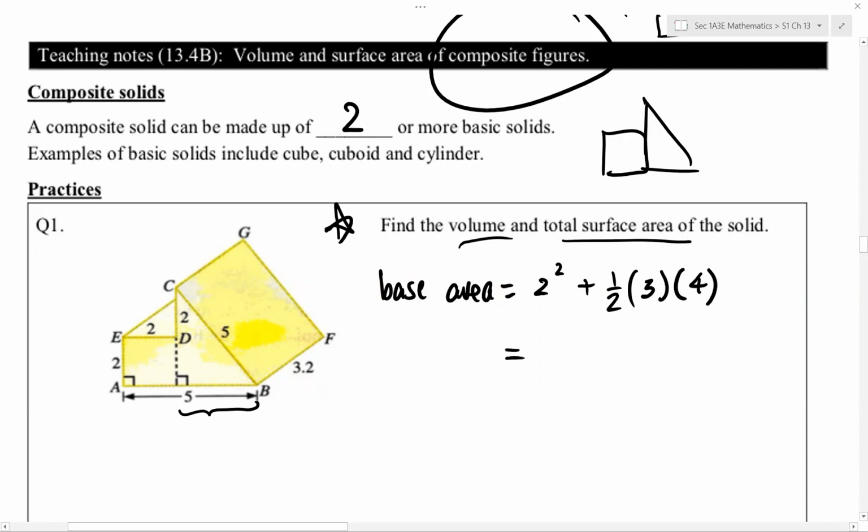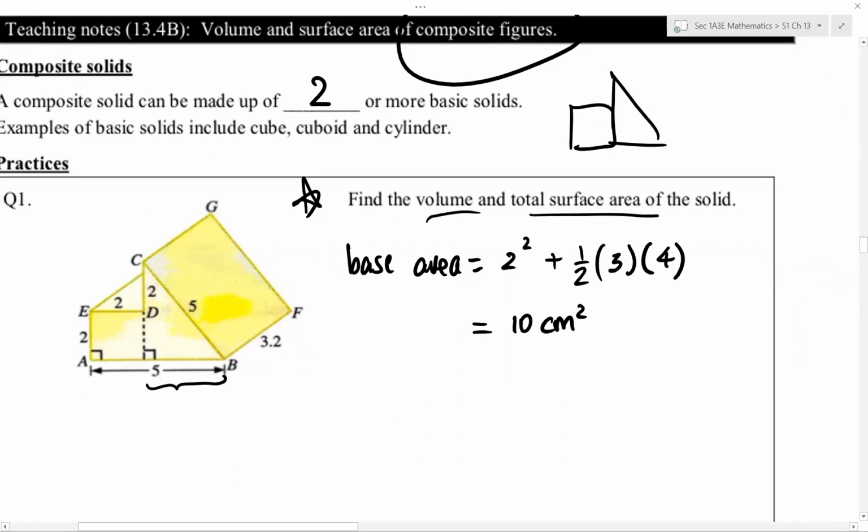So 4 plus 6, we get 10 square centimeters. With this, now I write down the volume. Volume is our base area times the perpendicular distance 3.2 to give me 32 cubic centimeters.